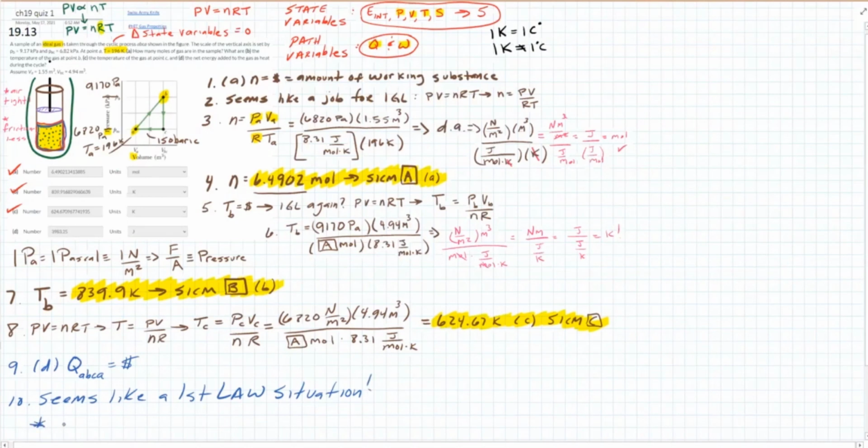Number one, I have a closed cycle, and what else makes me think of the first law? I need to find heat. That's my way of looking towards the first law of thermodynamics.